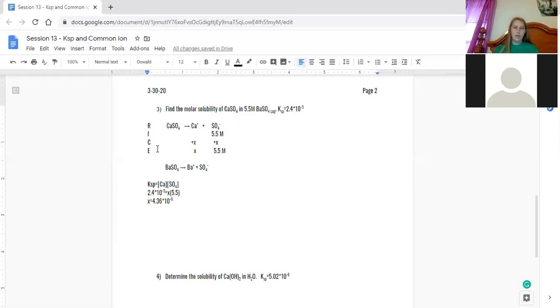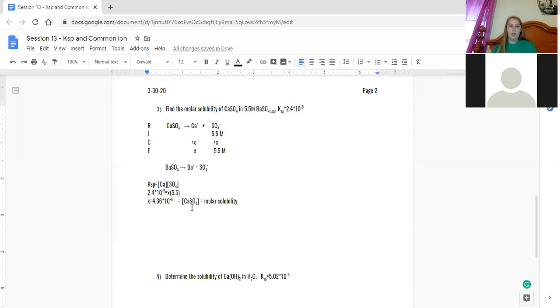That x value ends up being our molar solubility. So that also equals this. So that is our molar solubility that we're looking for.